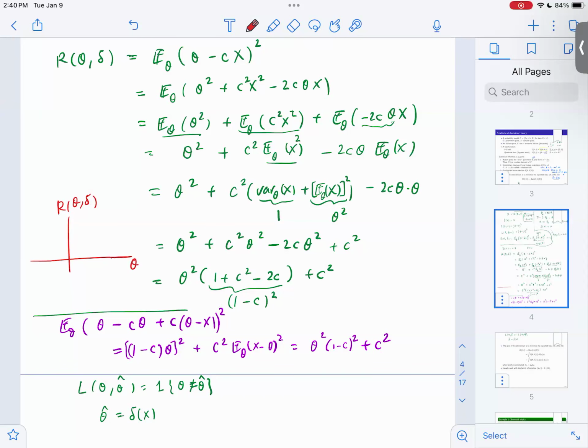The first obvious one just has a constant risk at 1. For this one, c is less than 1, let's say c is 1/2, or let's say c squared is 1/2, for simplicity. So it would be here at theta 0, and when it hits 1, it's going to be 1/2.